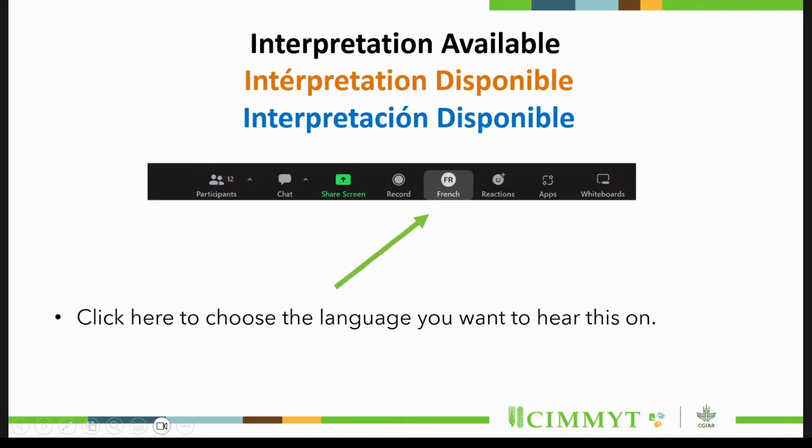Done, perfect. Thank you. Sorry for the technical logistics. If you have any questions regarding the interpretation, please write on the chat, and we'll be happy to provide you support with it.